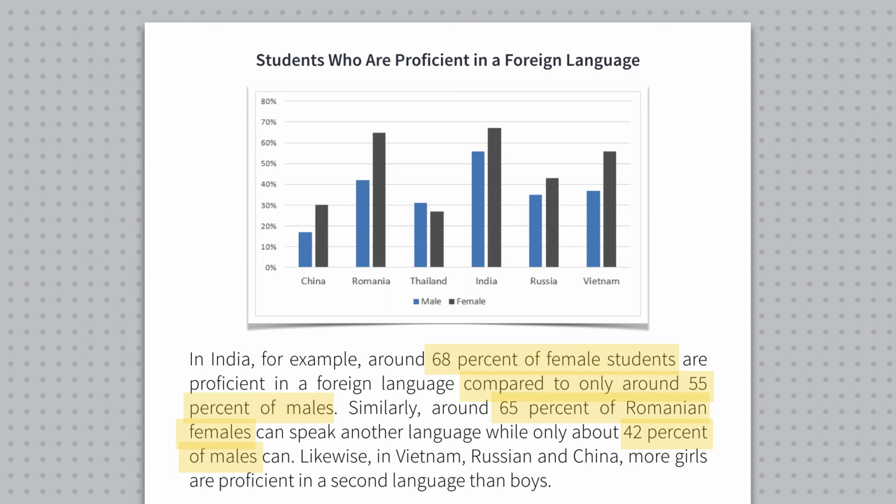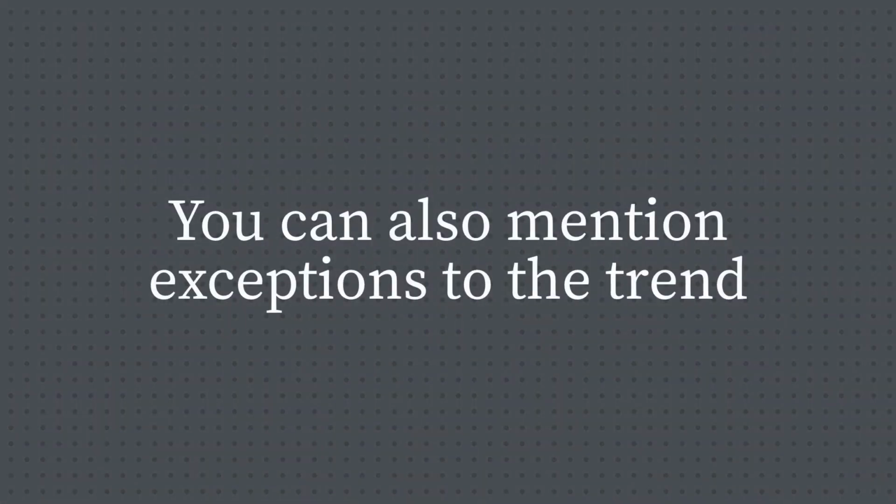Now, we did say that this is only true in 5 of the 6 countries. In Thailand, we can see that there are more male students who are proficient than females, and that's okay. You can mention exceptions to the trend. If you have a trend but there is an exception to it, it's fine. You can talk about that in your paragraph.